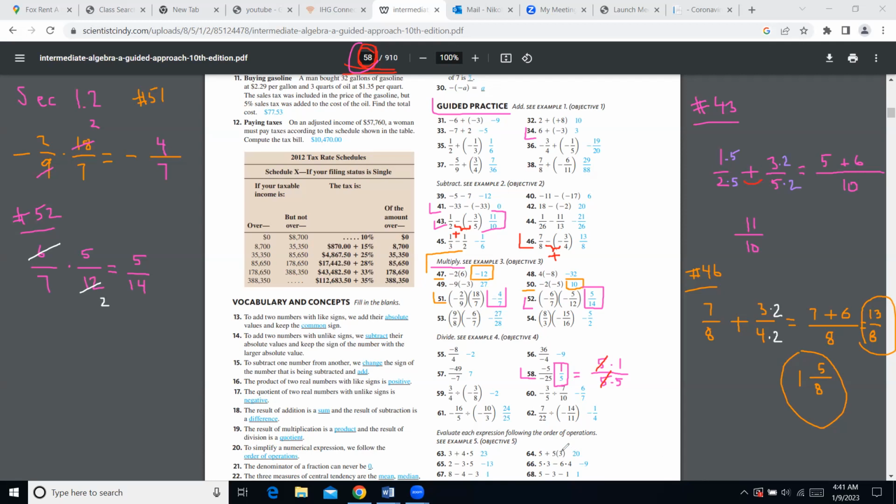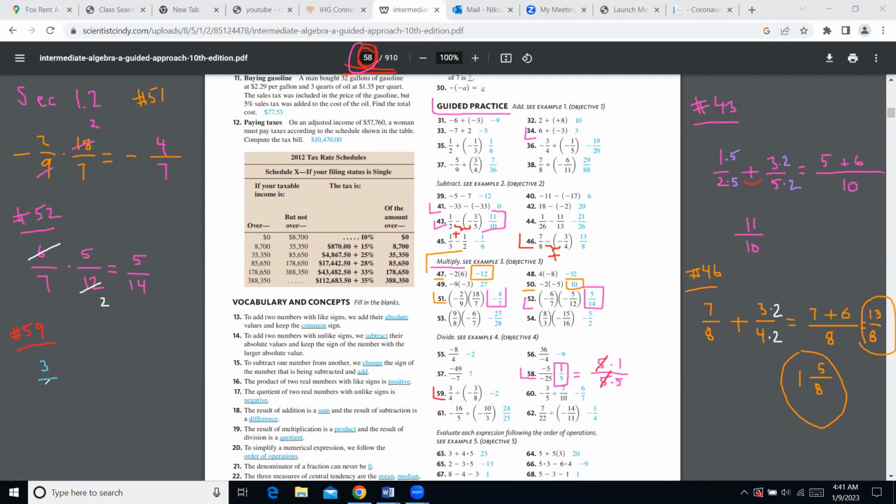Okay, so how about problem number 59 here? Well, in exercise number 59, I'm going to have to flip my second fraction. It turns out multiplication and division are actually the same procedure.